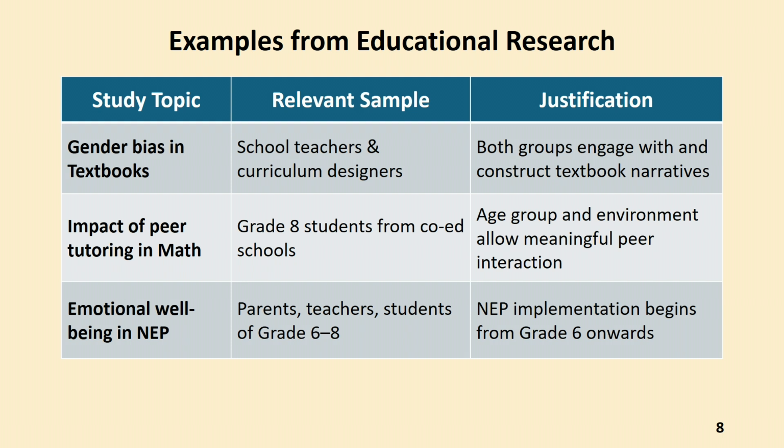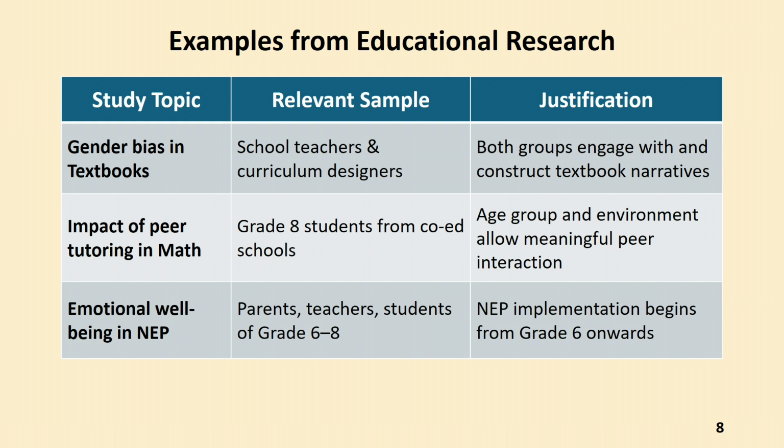Here it is important to understand that when you are selecting a topic related to gender bias in textbook, then who is going to utilize that book, who is going to spend more time with the book, who is going to be the primary beneficiary of the book? You can see school teachers and curriculum designers. Justification, both groups engage with and construct textbook narratives.